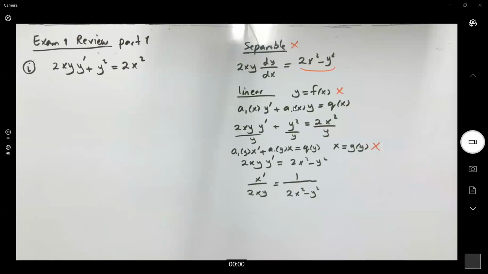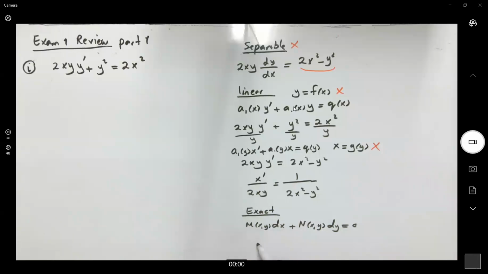Is it exact? Well, to check to see if it's exact, we have to write it in differential form: M(x,y) dx plus N(x,y) dy equal to 0. So let's see, what do I have so far?